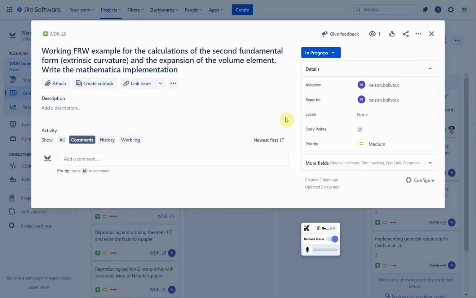Anyway, I went to a specific sample. I'm following some very interesting lectures from Caltech. In them, he shows that there are some results you can use to calculate this expansion volume element, which is basically the trace of the extrinsic curvature.